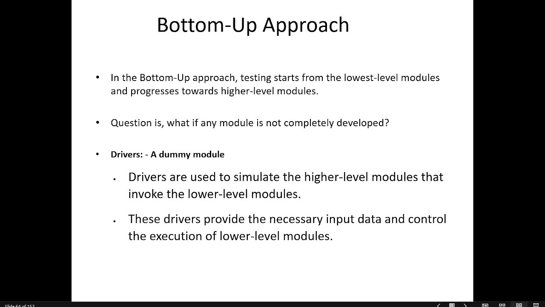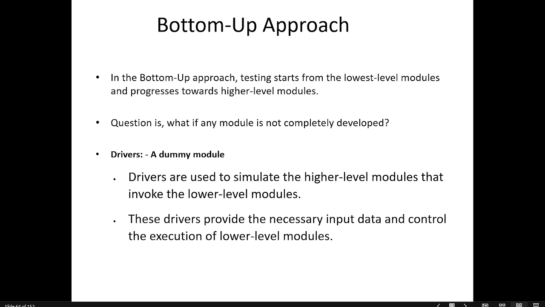There is something called drivers, which are dummy modules. Drivers are created because the module required for this particular integration is not ready. Drivers are used to simulate the higher level modules that invoke the lower level modules. Let's go back to the same example. Now, send email is not active or not completely ready.